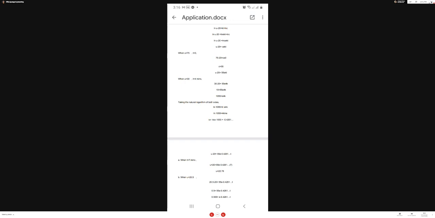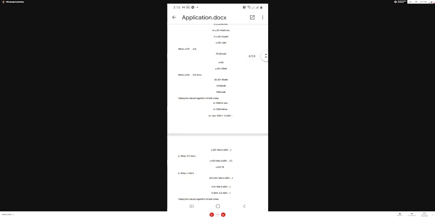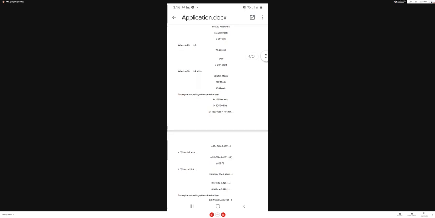Or you can also compute 55 e raised to negative 0.4261 times 7, then add the 20, because it is negative on the left side. So when you move it to the right side, it becomes positive. And that is equivalent to 22.78 degrees Fahrenheit.